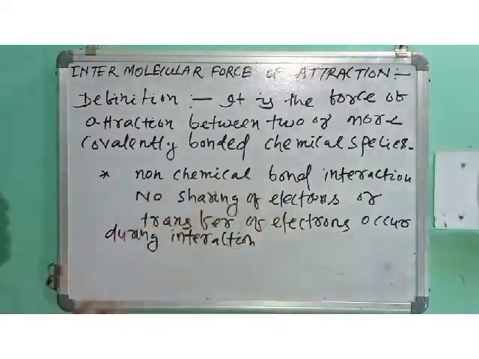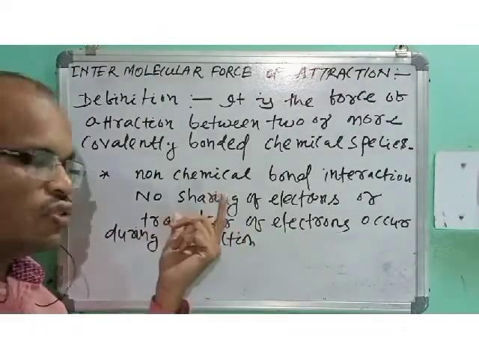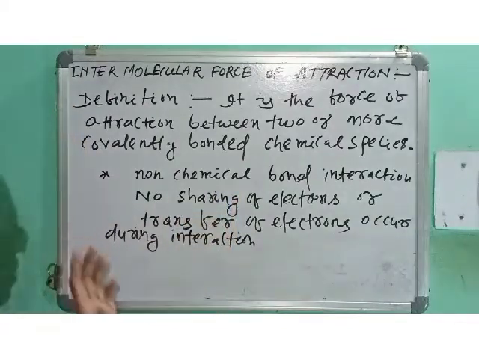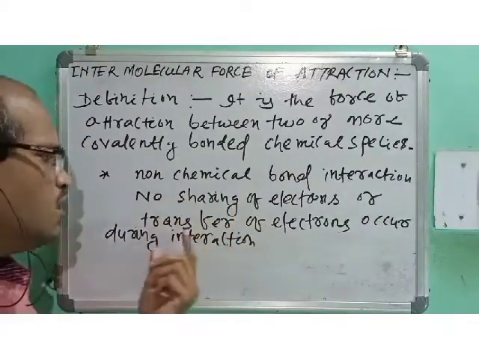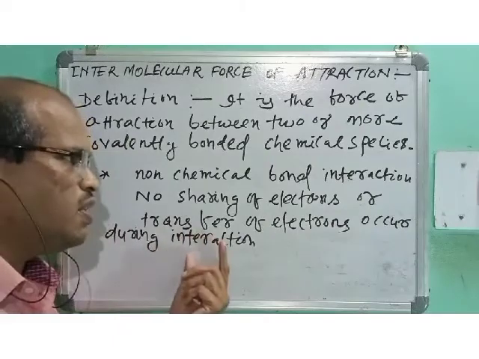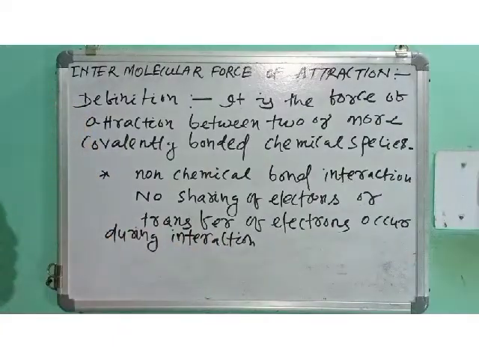This means when such attraction occurs, there is no such chemical bond formed. That means when no sharing of electrons, no covalent bond is formed, no transfer of electrons occur. That means no ionic bond is formed. So this is a non-chemical bond interaction.